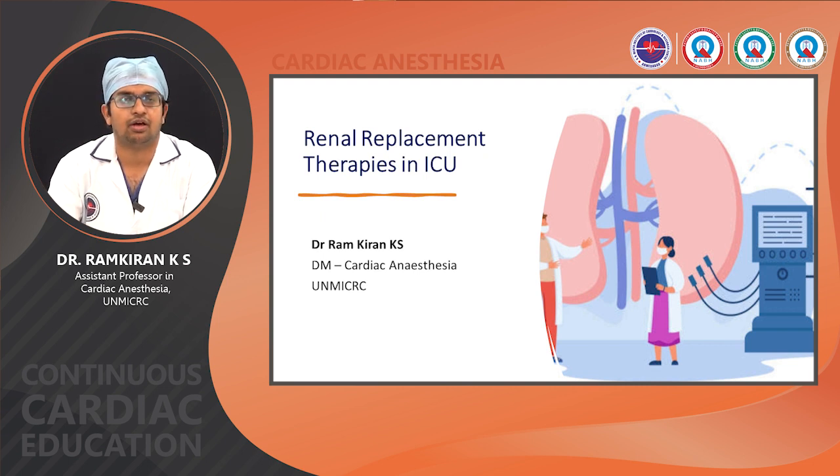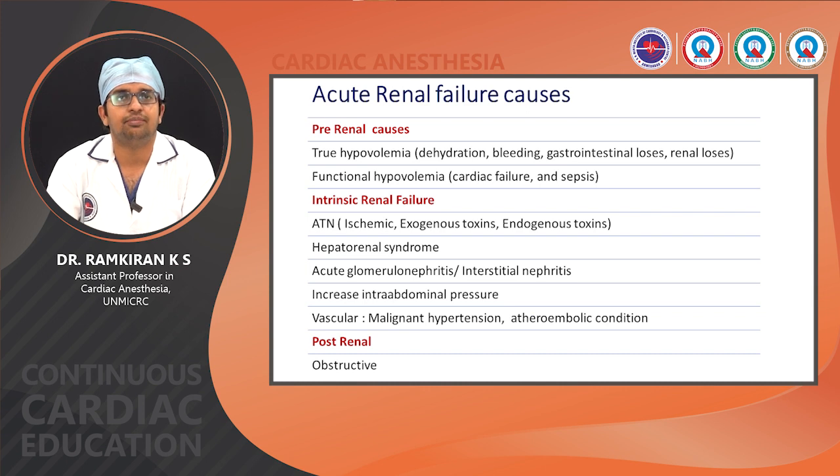So basically the causes of acute renal failure in ICU are categorized as pre-renal, intrinsic and post-renal. Pre-renal could be true hypovolemia, that is because of dehydration or bleeding or gastrointestinal losses, renal losses, or it could be a functional hypovolemia in patients such as cardiac failure and sepsis.